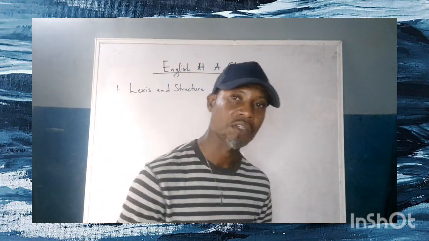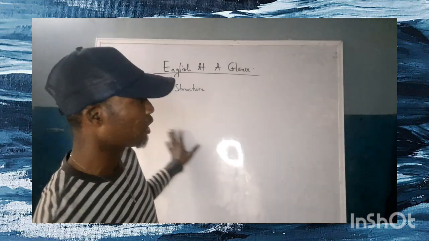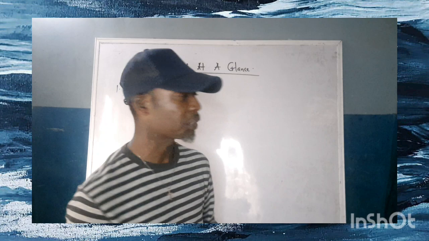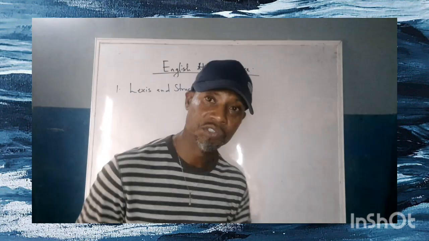Some of them may be better, but the instruction says pick out the best one. So we'll be understanding how to tell the differences in picking out these options from the answers we have, using best complete. We have most opposite in meaning, most similar in meaning, like we've rightly mentioned earlier, the most appropriate, the best complete, and those are part of the things we'll be looking at under lexis and structure.